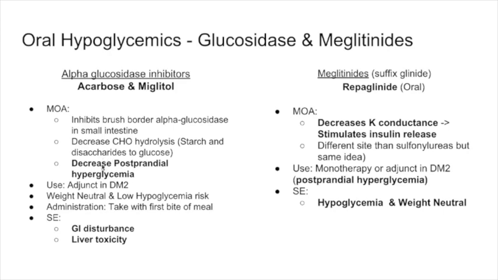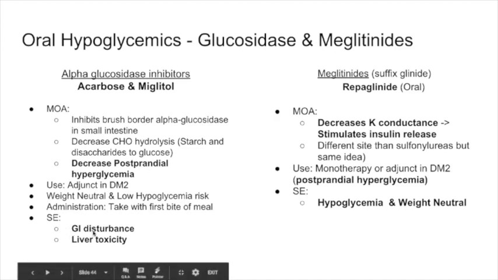So these medications decrease postprandial hyperglycemia as well. They're used as an adjunct in type 2 diabetes. They're weight neutral, and they don't really cause hypoglycemia. Administration is very important for these medications, and the counseling point is that we advise patients to take them with the first bite of the meal because that's when they work the best.